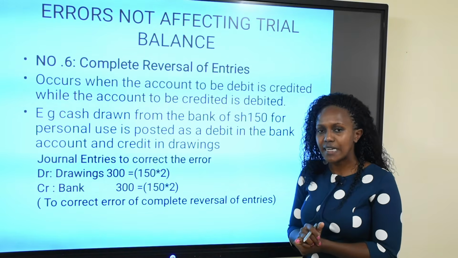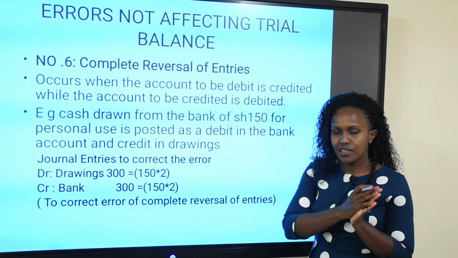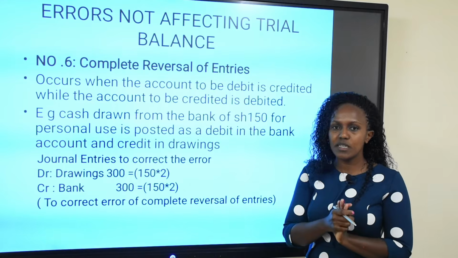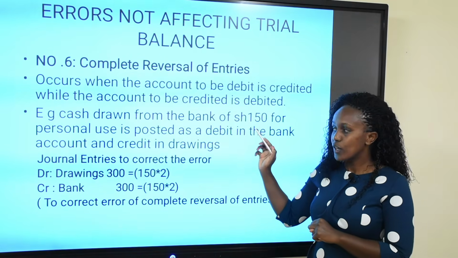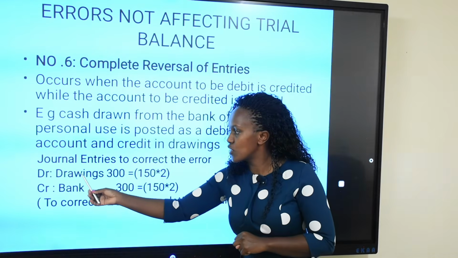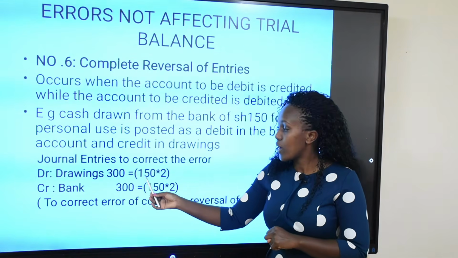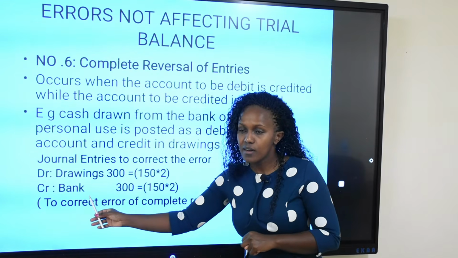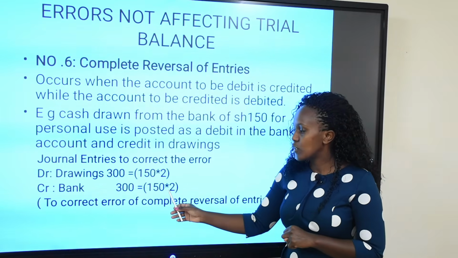For us to reverse an entry whereby what was debited is supposed to be credited and what was credited was supposed to be debited, we have to multiply the amount by 2. So we now have to debit drawings with 300 shillings, which is 150 multiplied by 2, and then credit bank by an equivalent amount of 300, which is 150 times 2.